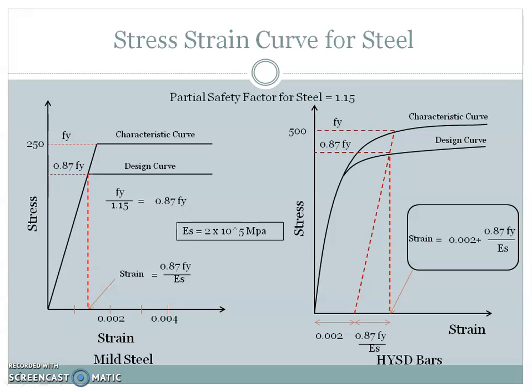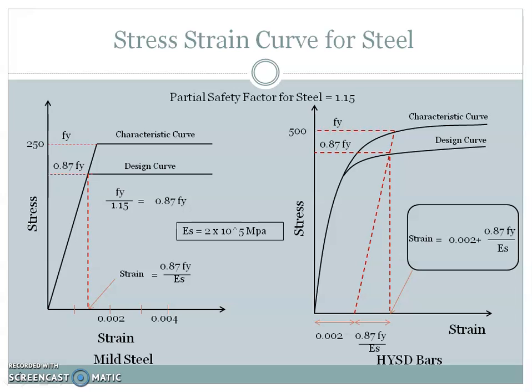The reason here is that we want yielding of tension steel at the ultimate limit state, and if steel yielding takes place at the ultimate limit state, then failure will be ductile in nature, and ductile failure shows ample warning of impending collapse. I mean, it shows some sign of failure before complete collapse. So design stress will be 0.87 Fy and its strain will be 0.002 plus 0.87 Fy upon Es for all the grades of steel.